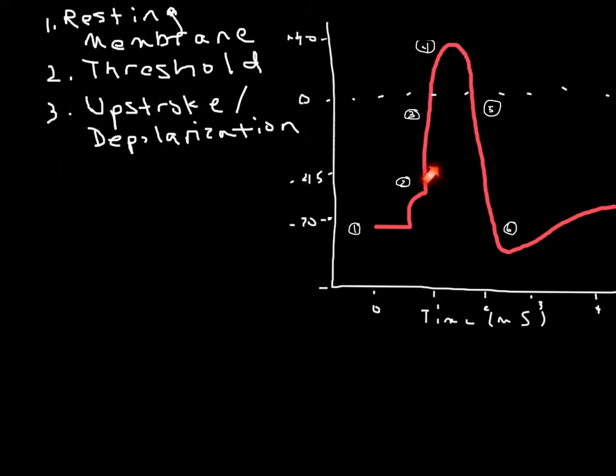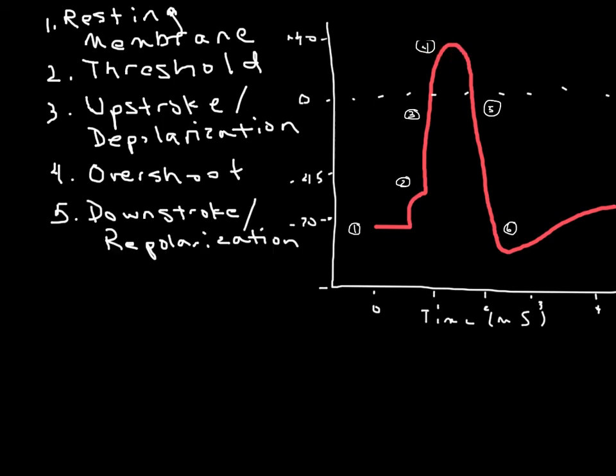As sodium channels have opened up, sodium is rushing into the cell, and the cell is becoming more positive. At point 4, you have what's called an overshoot, as sodium continues to rush into the cell to reach its equilibrium potential. At this point, the voltage-gated sodium channels close.